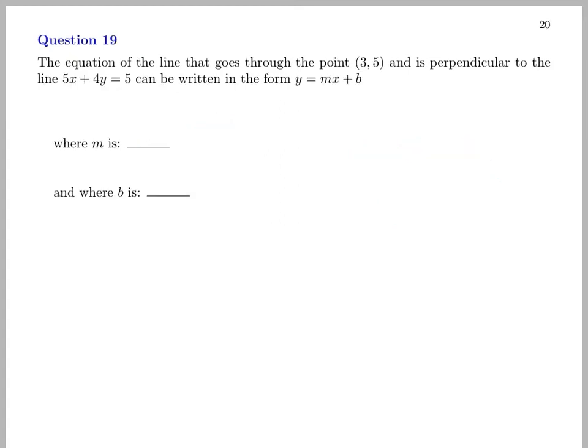Now we want the equation of a line that goes through a given point and is perpendicular to a given line. So the line that we're given, 5x plus 4y equals 5, can be rewritten as 4y equals minus 5x plus 5, or y equals minus 5/4 x plus 5/4.